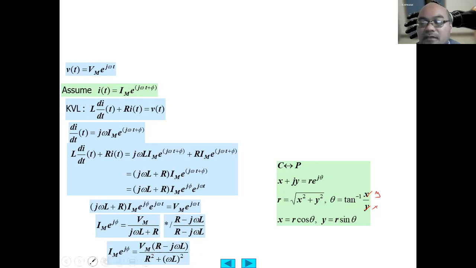So now the denominator is a real number. It doesn't contain any imaginary component, only the numerator part.